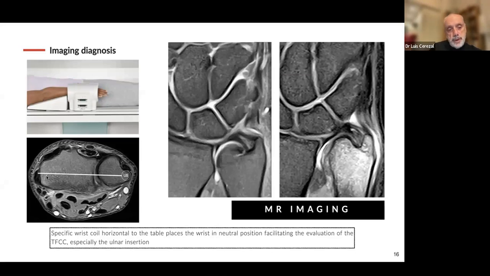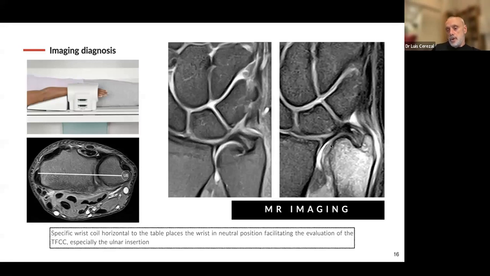In this position, we have a perfect orientation between ulnar styloid and radial styloid, and we have a very nice view of the TFC ulnar insertion, both styloid and foveal insertion.